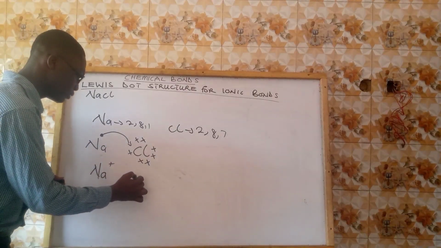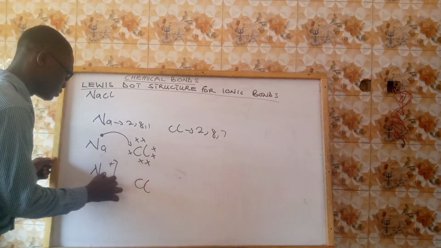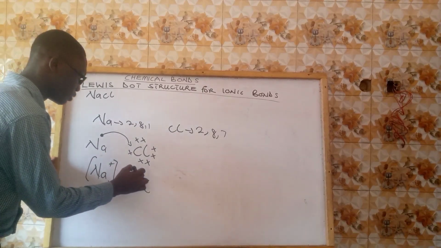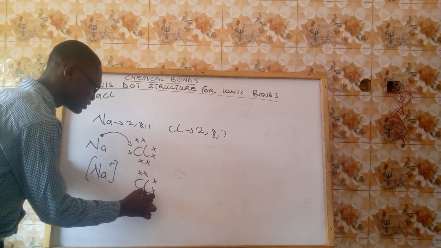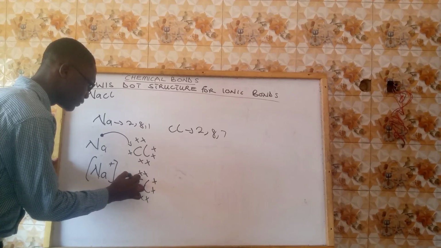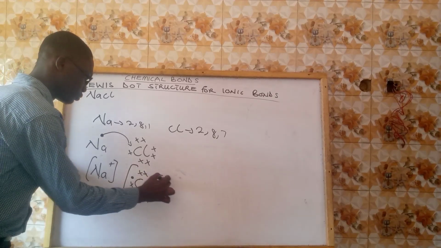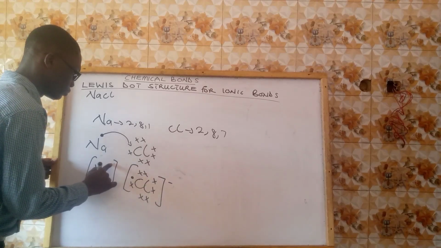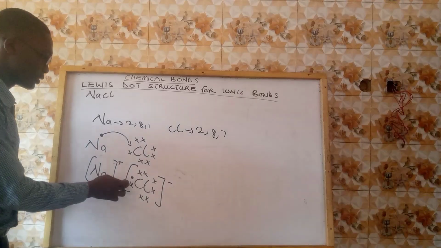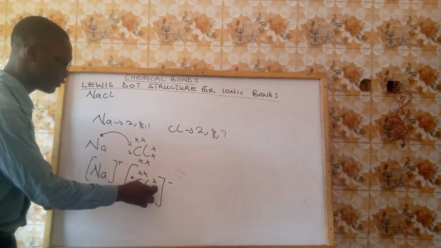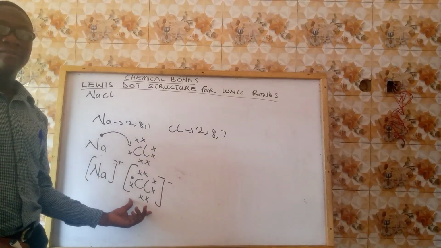And now chlorine, which has now gained an electron, will become 1, 2, 3, 4, 5, 6, 7, 8. So now chlorine has 8 electrons in its last shell.